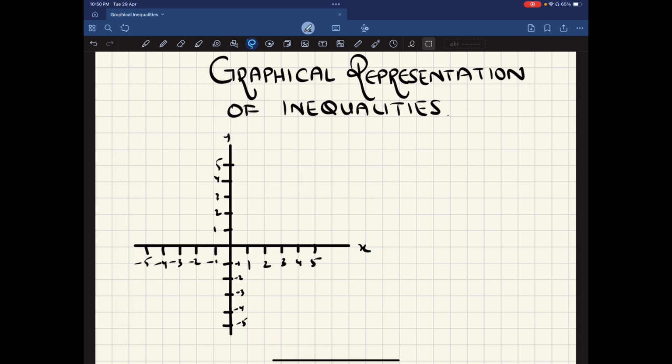Okay, so for example, here I would suggest that you have a look at the coordinate geometry video, to make sure that the coordinate geometry concepts are clear, because sometimes the problem is not with inequalities, but with the fact that you're not very confident about finding the equation of lines.